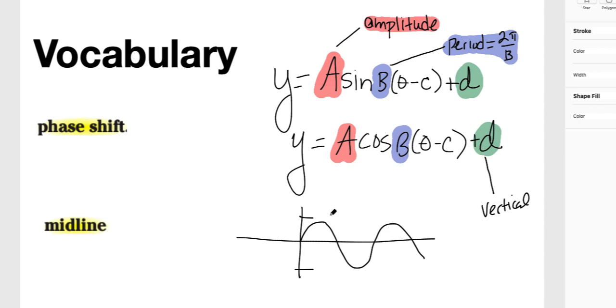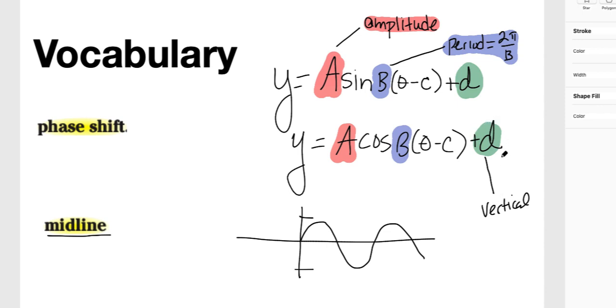So you know that no matter what the amplitude is or the period is, however fast it's going or however high up it's going, the central line, the median line, I've been talking about that, the midline is 0, right? But when we add something to it, we shift the entire graph up. We shift it all up. And that vertical shift is going to change the midline, the middle of the line that travels through the middle of that sinusoidal curve.